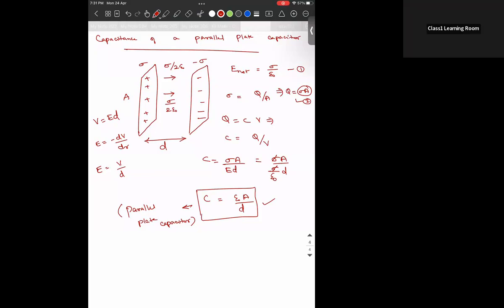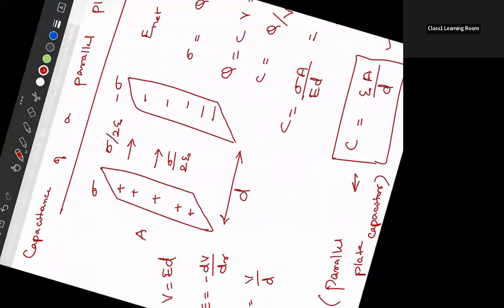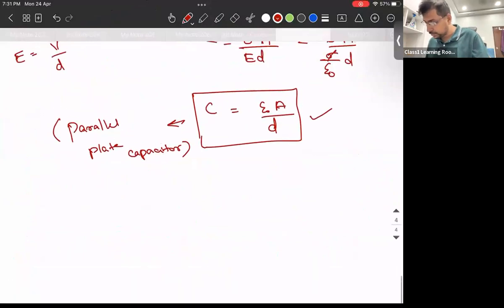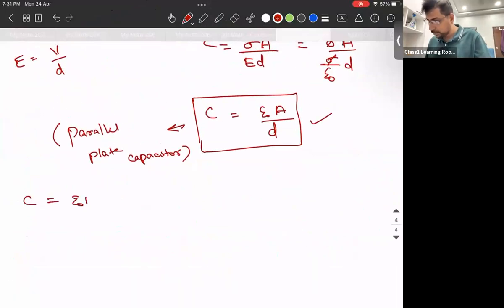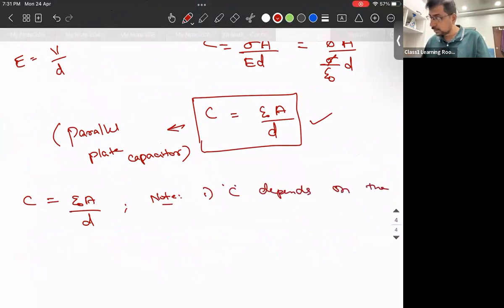If you look at this mathematical expression where C is equal to epsilon naught A by D, the following points are to be noted. The first one is capacitance depends on the medium between the plates.